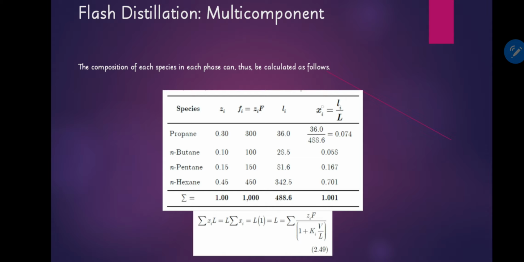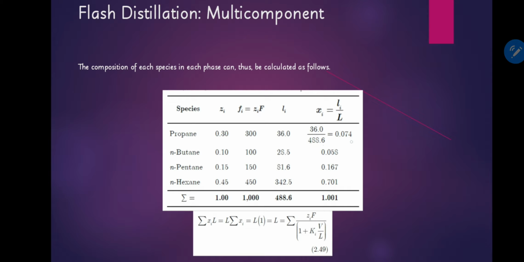Now to solve for the percent composition, the mole fraction of species in the liquid phase, you will have the flow rate of species over the flow rate of L. So that would be 36 divided by what is our L? 488.6.